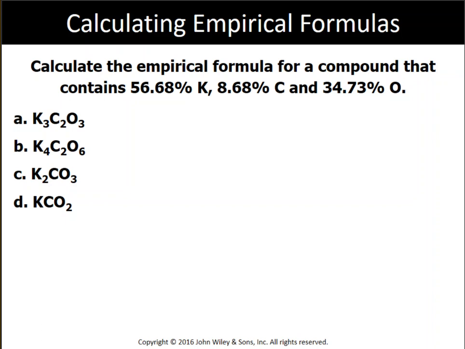From the percent compositions, you want to find the masses. So 56.68% means you have 56.68 grams potassium. 8.68% carbon, we're going to assume that we have 8.68 grams carbon.